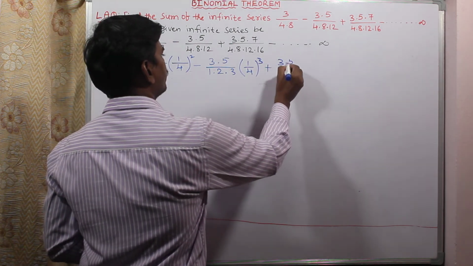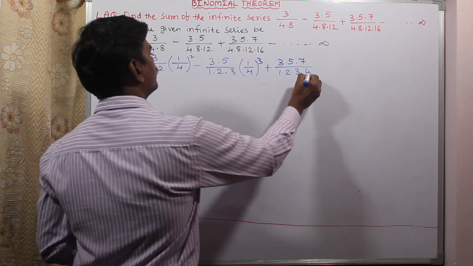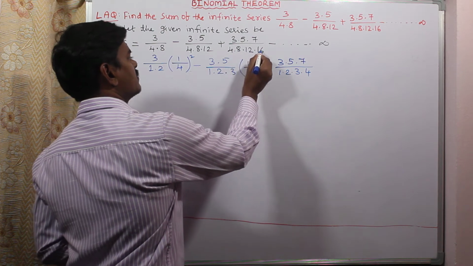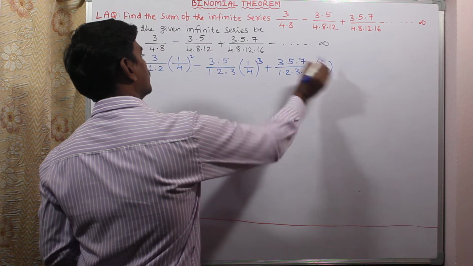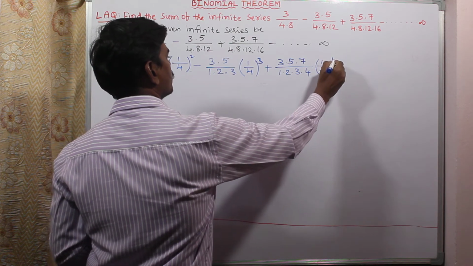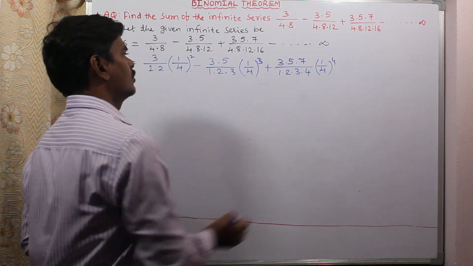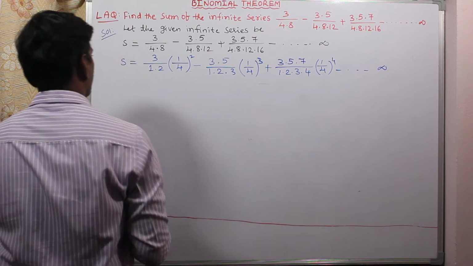Similarly, 3 into 5 into 7 by 1 into 2 into 3 into 4, 4 ones are 4, 4 twos are 8, 4 threes are 12, 4 fours are 16. So 4 power 4 is kept aside in the denominator, which can also be written as 1 by 4 whole power 4, minus and so on up to infinite.